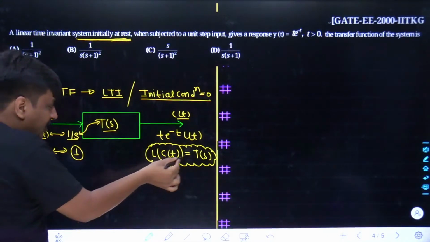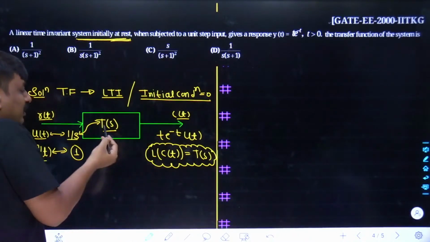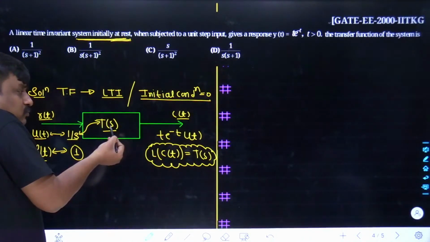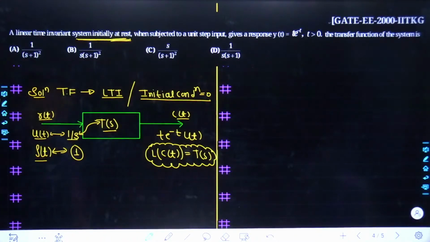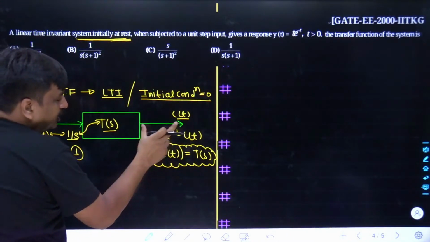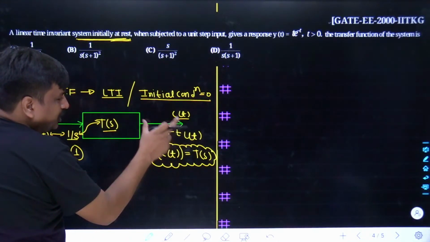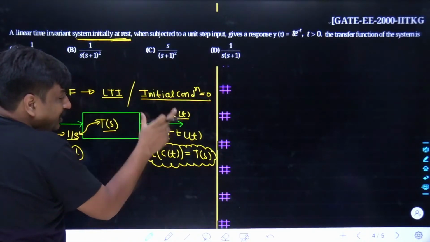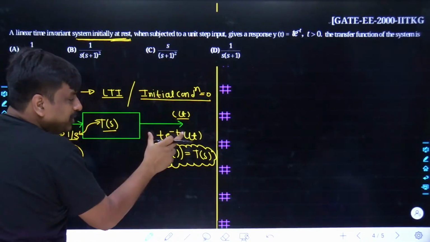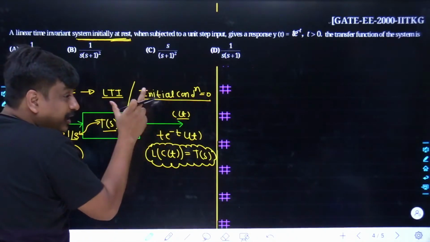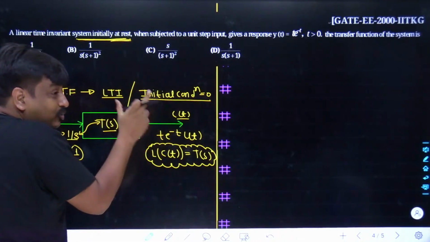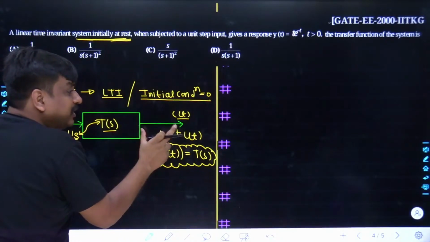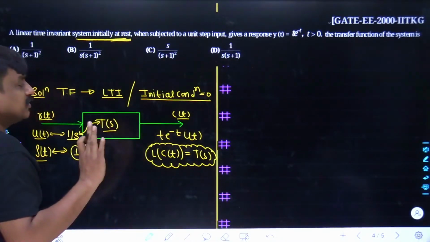But now this output would come because of the multiplication of T(s) with 1 itself. That means the response would change according to the absence of 1 upon s. What does the absence of 1 upon s mean? That means s is going to get multiplied, and as s is multiplied, there would be differentiation in the time domain. Could you understand what I'm saying?